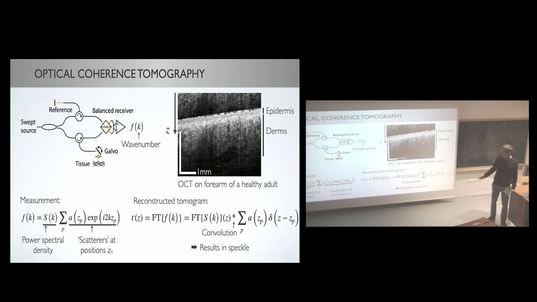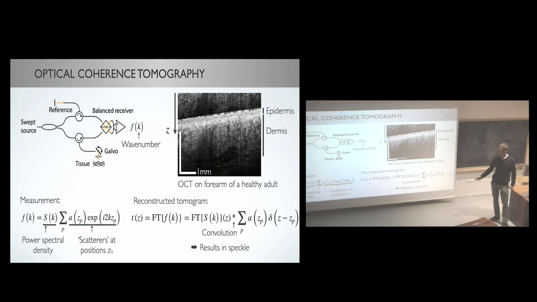If we look at this in the spatial coordinates, we can picture, similar to the ultrasound arguments yesterday, the sample consisting of point-like scatterers distributed through space, and each scatterer contributes a small phase that depends on its exact axial position and the wave number, and thereby in the wave number encodes its axial position.